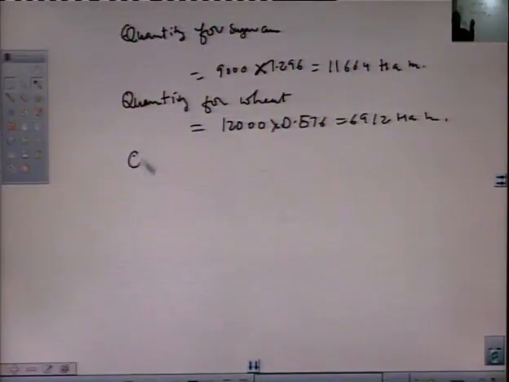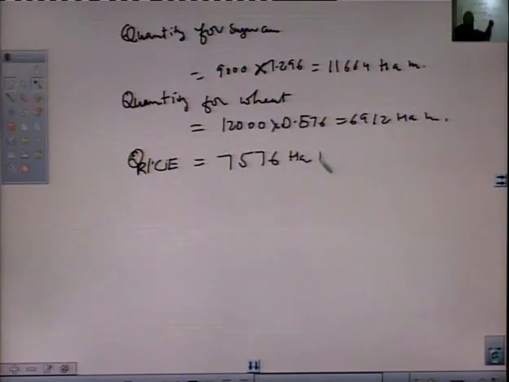Then the quantity for rice, after wheat, is 7576 hectare meter.